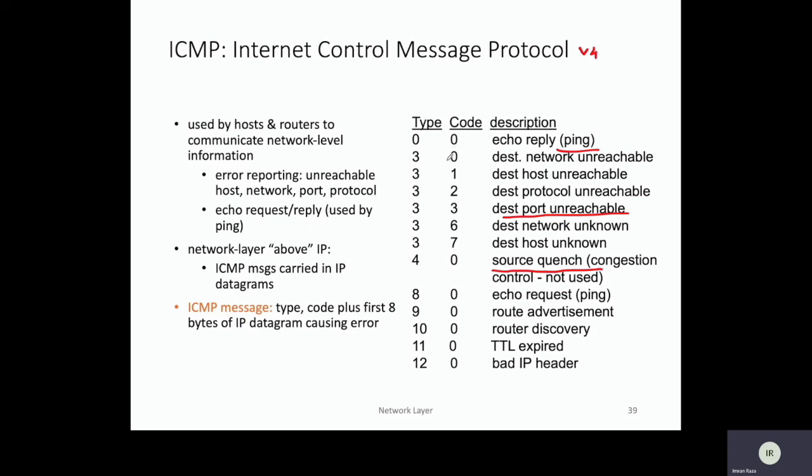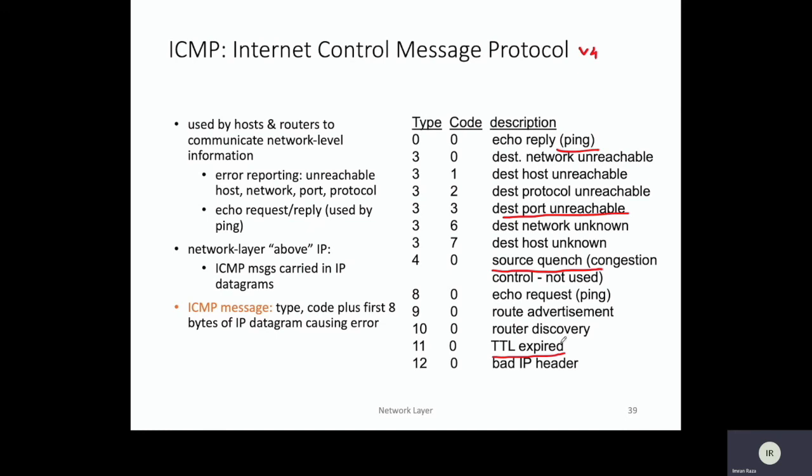So in ICMP message, we have type, we have code, and then plus we have 8 bytes of IP datagram causing the error, and the description that tells us what sort of error this is. And most importantly, if the TTL value is 0, we'll get this message where the type is 11 and the code is 0. That tells us that our TTL has expired. Okay.